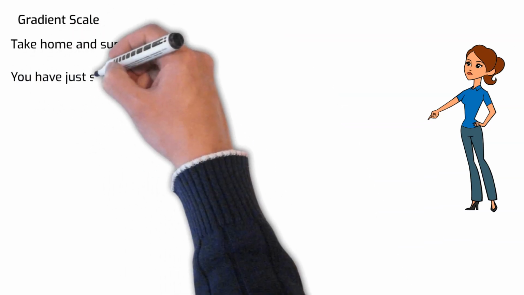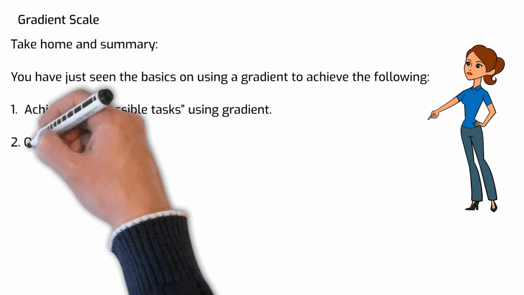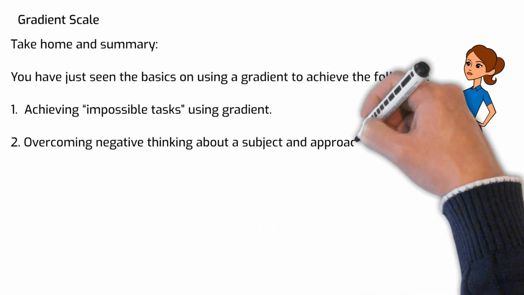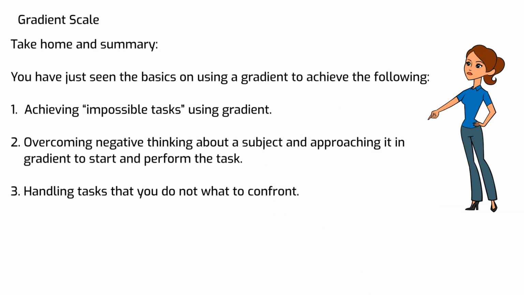Here is the take-home and summary. You've just seen the basics on using a gradient to achieve the following: achieving impossible tasks using gradient, overcoming negative thinking about a subject and approaching it in gradient to start and perform the task, handling tasks that you do not want to confront.